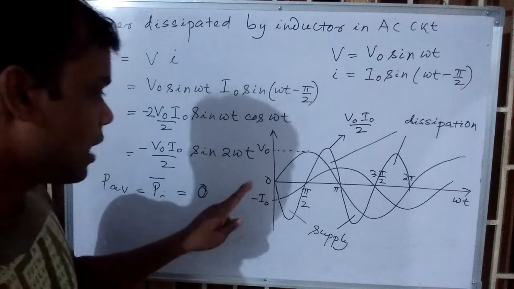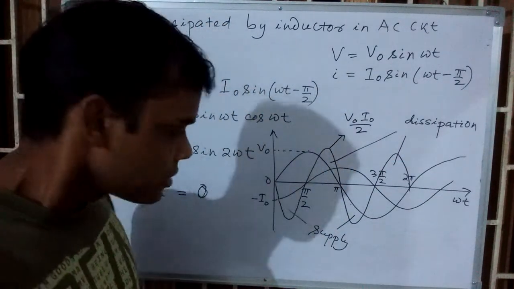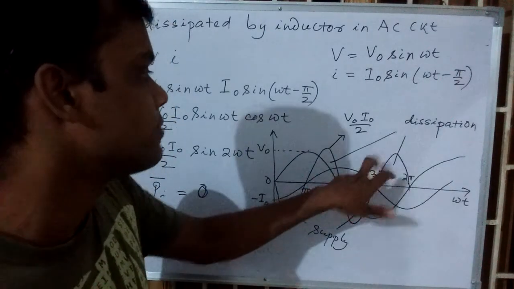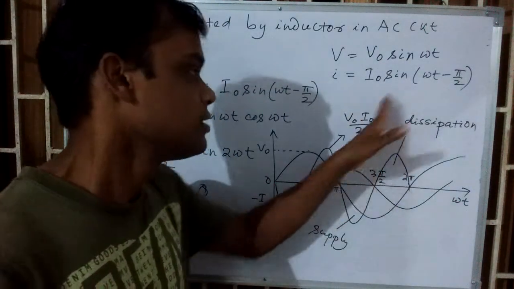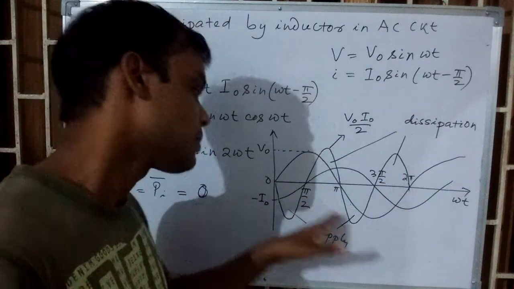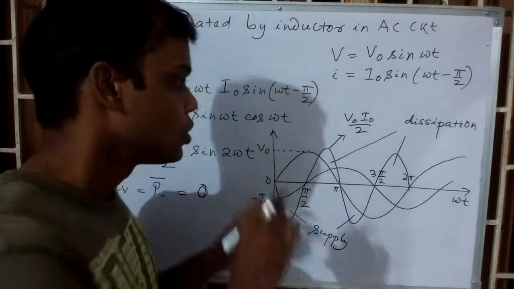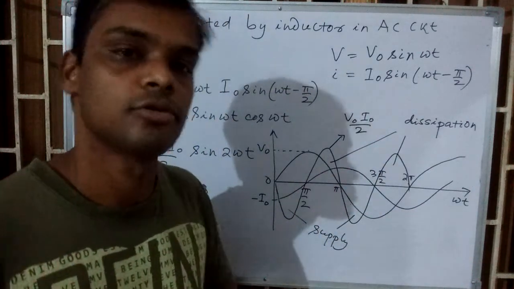That means at the end of one time period, inductor is 2 times supplying power to the circuit and 2 times dissipating the power. The same amount it is dissipating and the same amount it is supplying. So at the end of one time period, total dissipation is 0 or total supply is also 0.